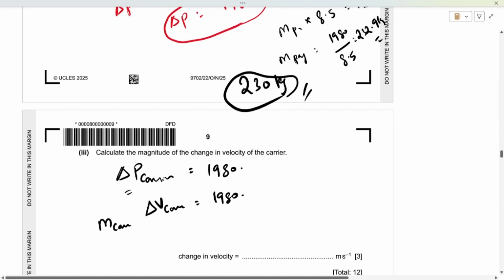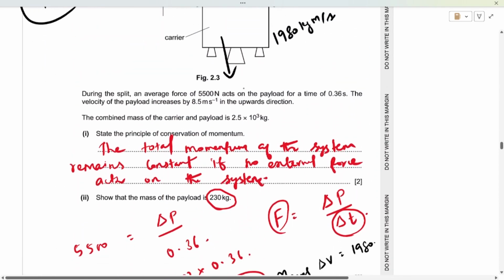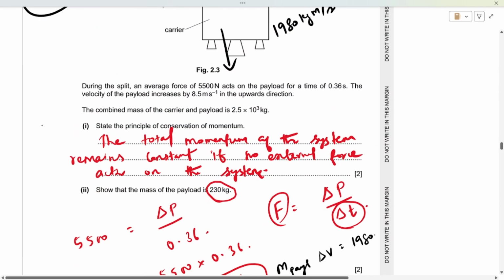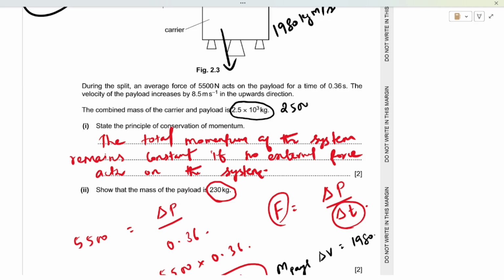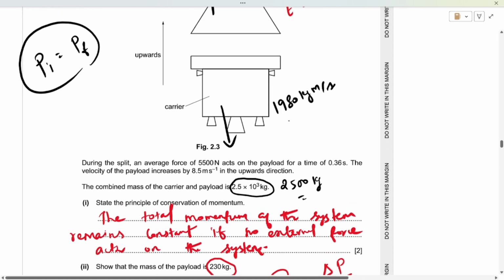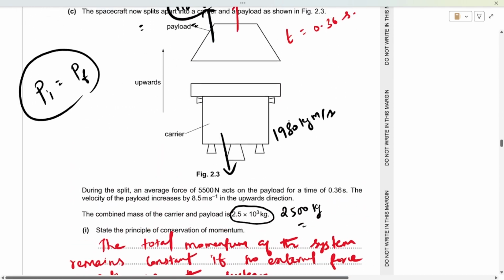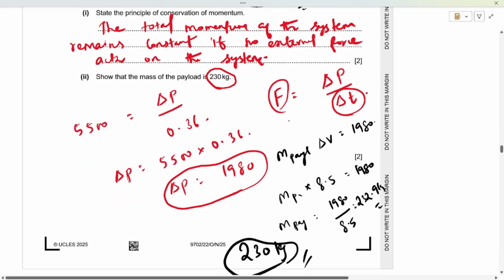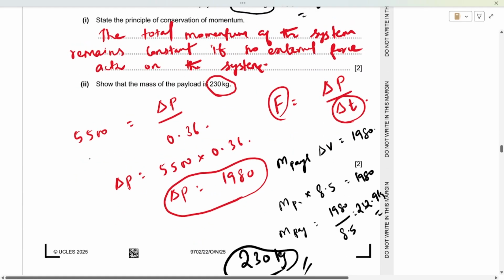They had provided us the total combined mass of the payload and carrier, which is equal to 2.5 into 10 power 3 kilogram. So it is 2500 kilogram. And we had also found out the mass of the payload. The mass of the payload is 230 kilogram.